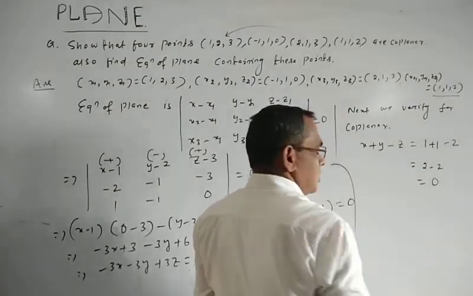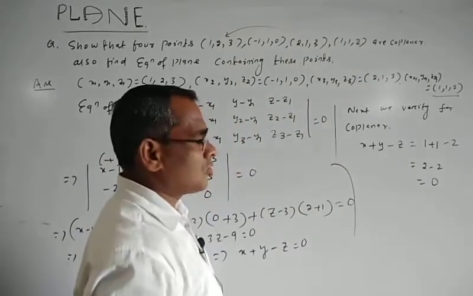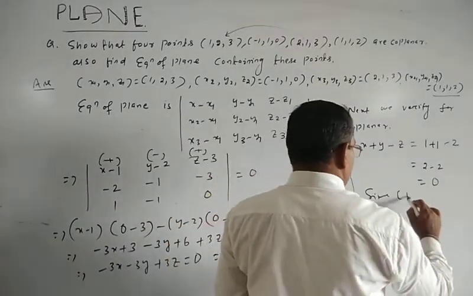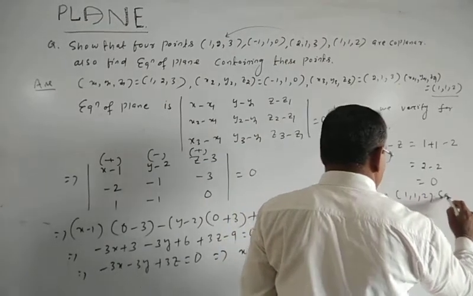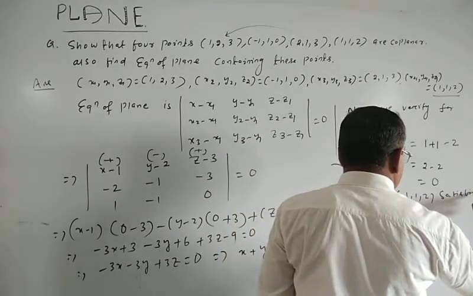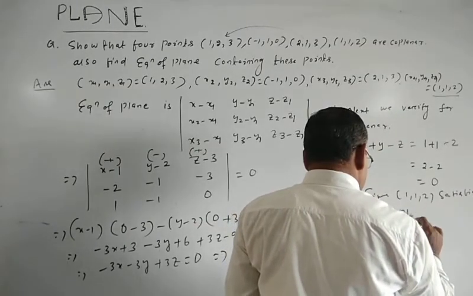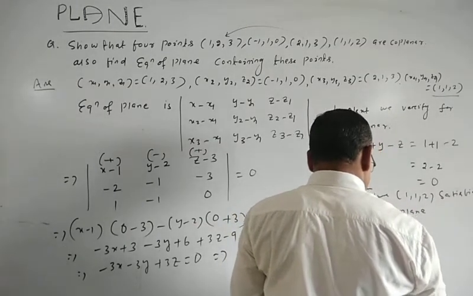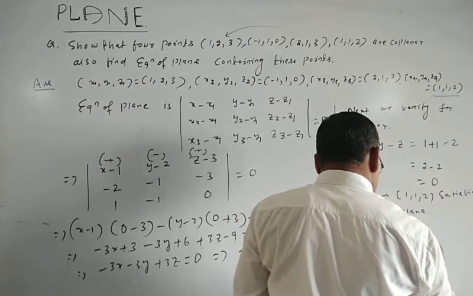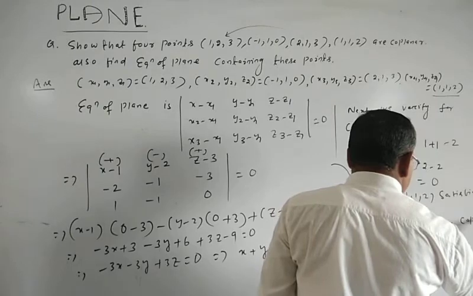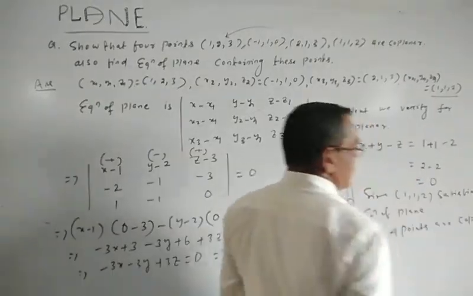Okay, so the fourth point satisfies the equation of the plane. Since 1, 1, 2 satisfies the equation of the plane, therefore the 4 points are coplanar.